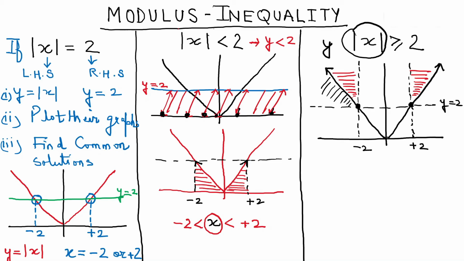The area that is between the line x is equal to -2 and above the graph of modulus of x on the negative side of x, and on the positive side of x we are talking about the area bound between the line x is equal to +2 and the area above y is equal to x. So what is the final answer that we get from here? x is less than or equal to -2, or x is greater than or equal to +2. This is the final answer that we get from here.